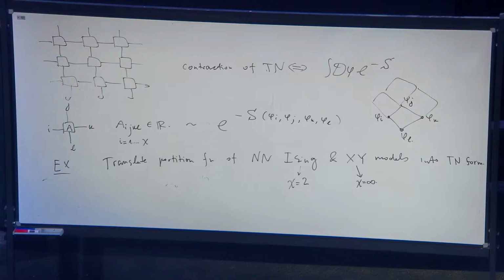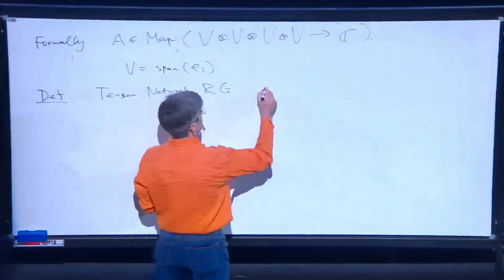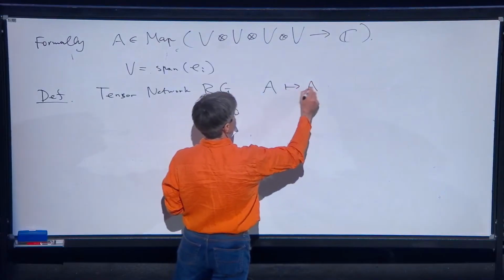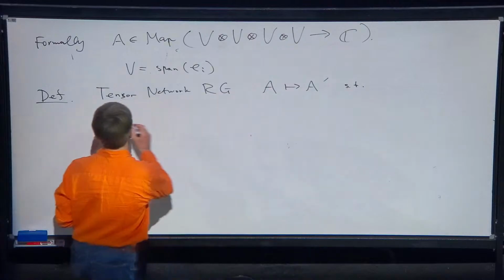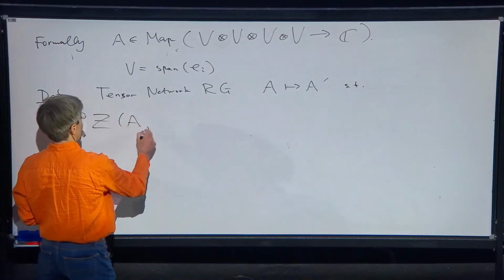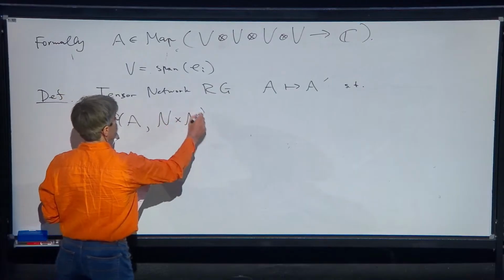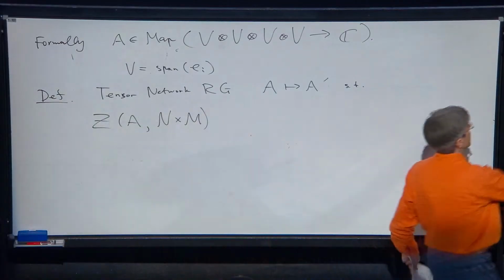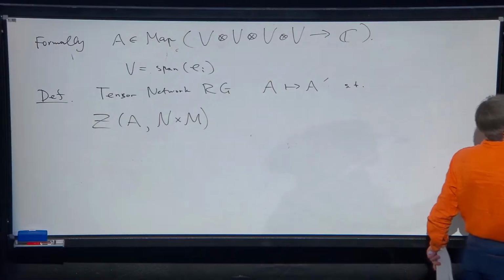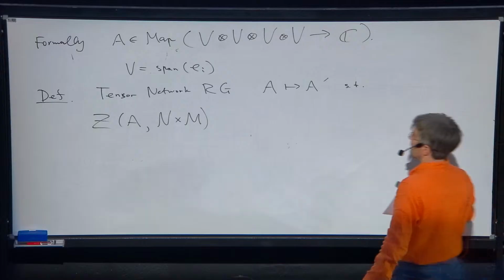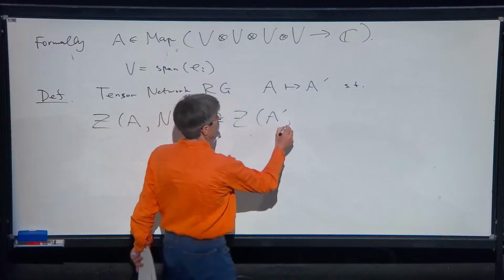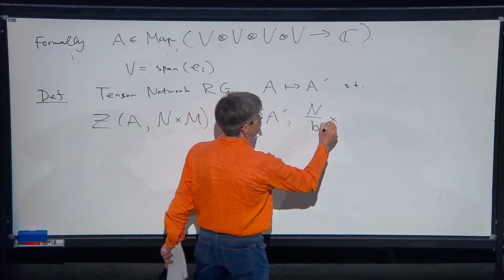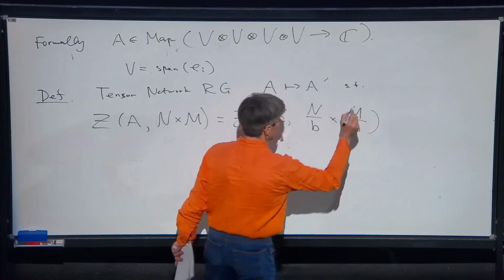So tensor network RG is a map from A to A prime such that the partition function of the tensor network Z of A, on the tensor network of size n times m, where I have here n and here m, is equal to the partition function built out of tensor A prime, where all distances have been rescaled by b.